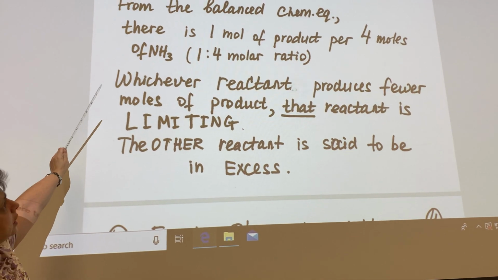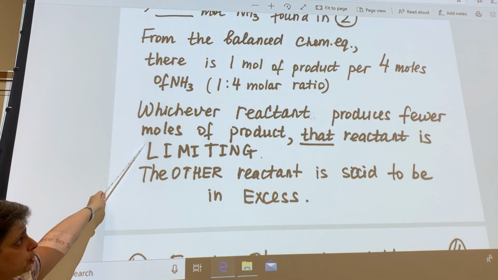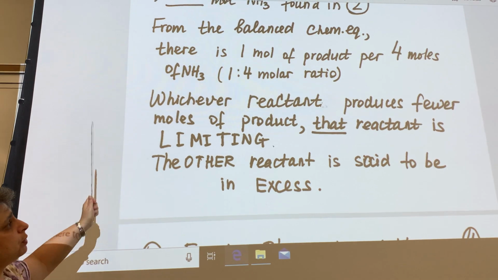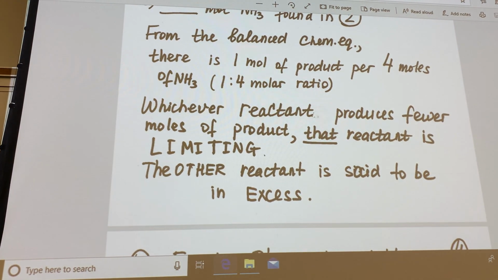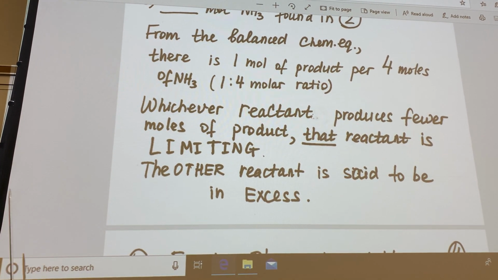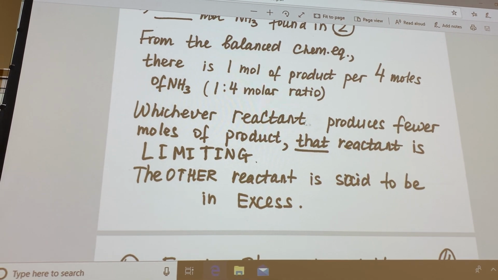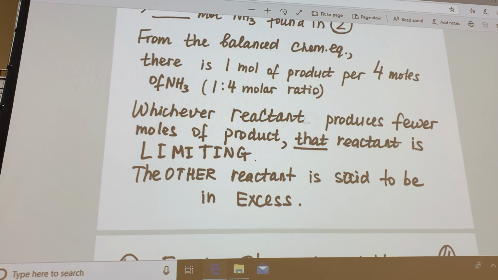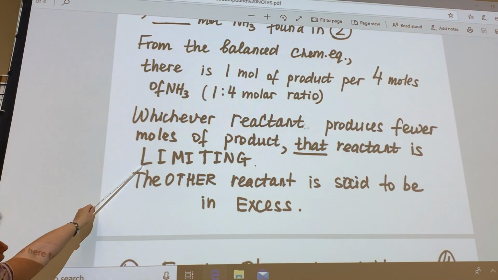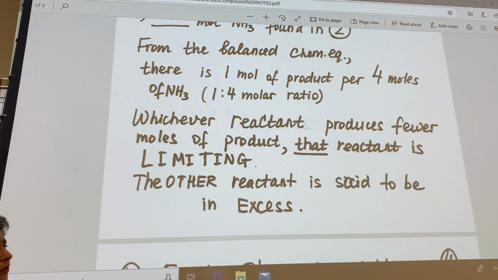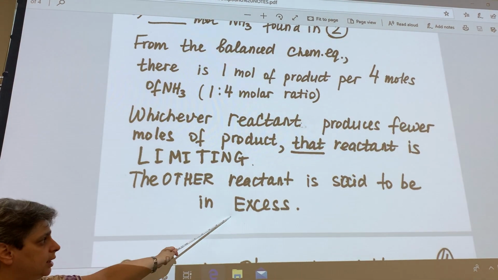And then this clear comparison must also be shown. It has to be clear how many moles of product will be expected to be produced by copper sulfate, how many moles of product will be expected to be produced by ammonia, which one is larger, which one is smaller, and which reactant is limiting. The other reactant will then be considered an excess reactant.